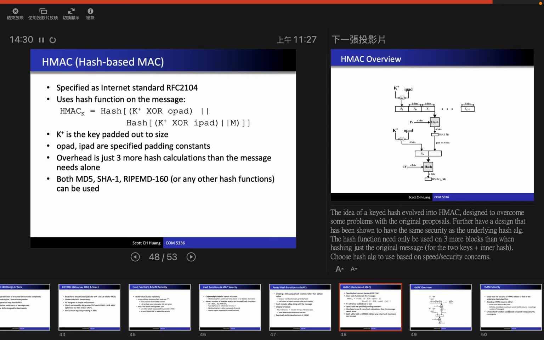This output is appended at the end of another round, where the key is XORed with OPAD, and then it enters the hash again. So the key is mixed with the message in a nested fashion, in the inner round first, and then altogether it enters the hash again.